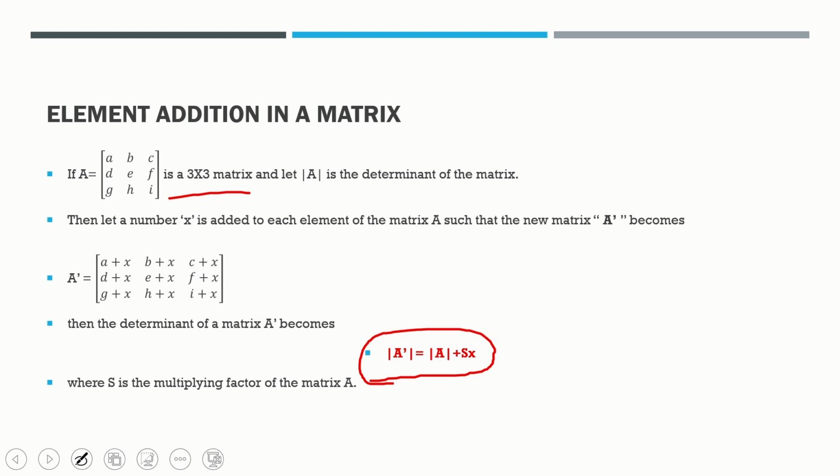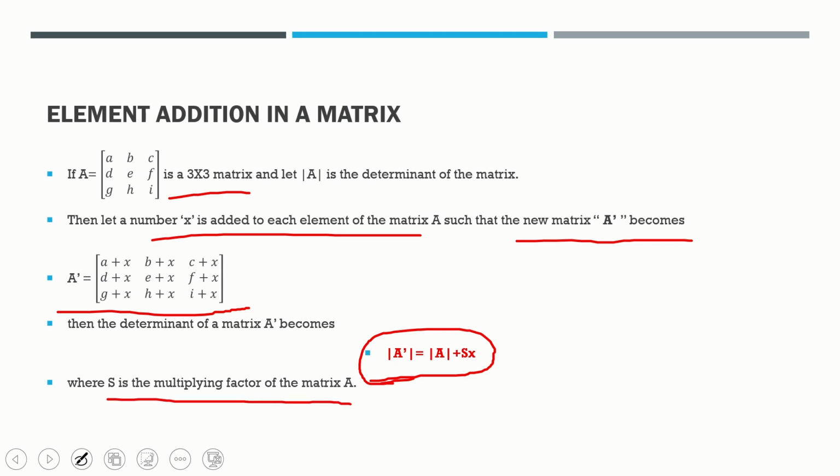You can see here a number x is added to each element of the matrix A, such that the new matrix A dash has determinant as I have written, in a clear format. My handwriting may not be understandable to you, so you can see through these lines. Determinant of A dash becomes this, and S is the multiplying factor of the matrix A.